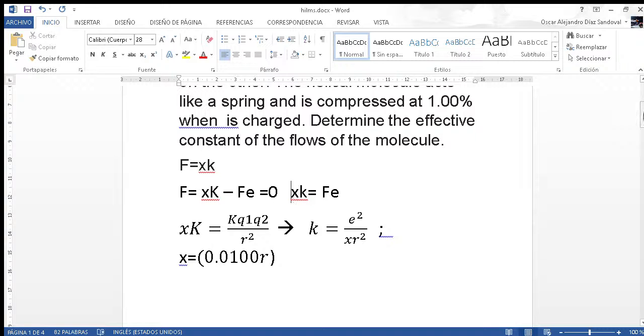Okay, so like you know, the electrical force is given by this formula.